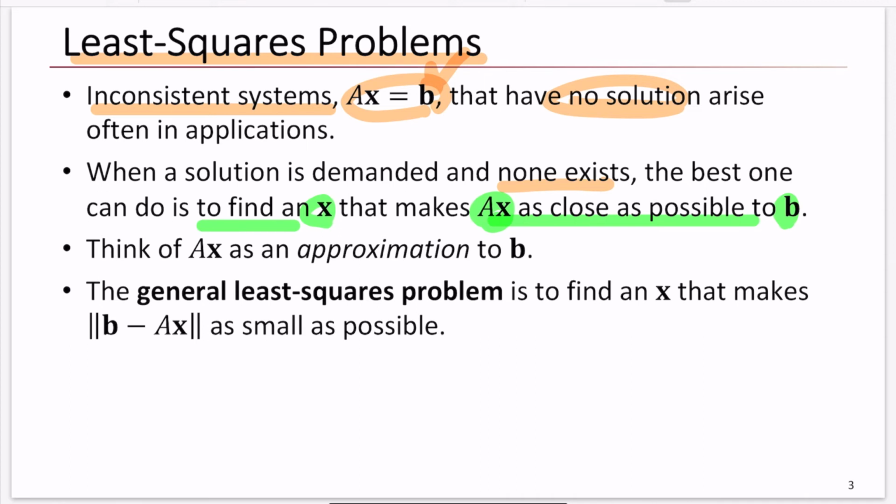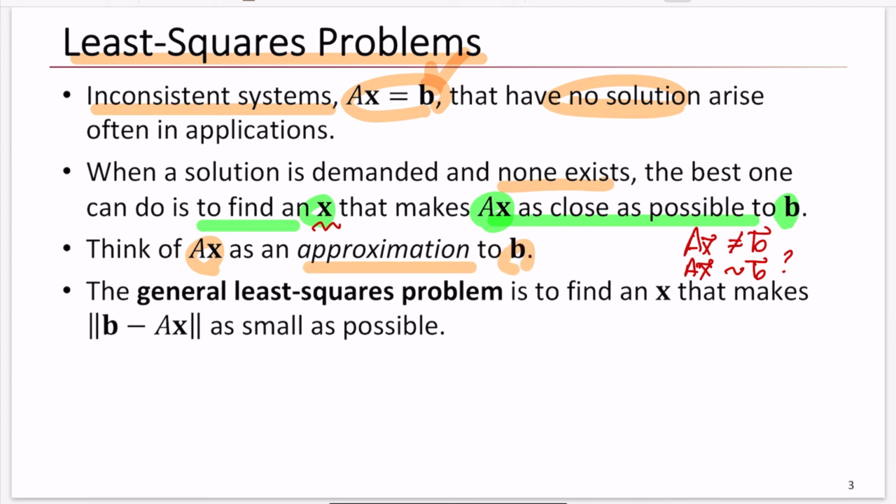But Ax cannot be b, right? But we want to find Ax close to b. Then in this case, vector x can be the approximate solution. In other words, think of Ax as an approximation to b.